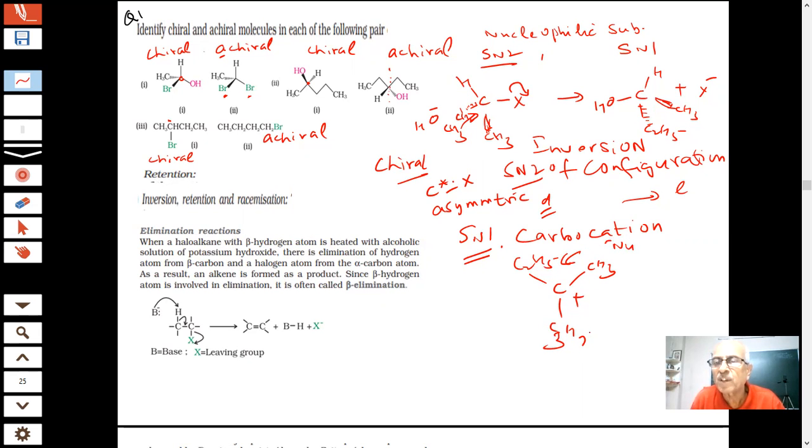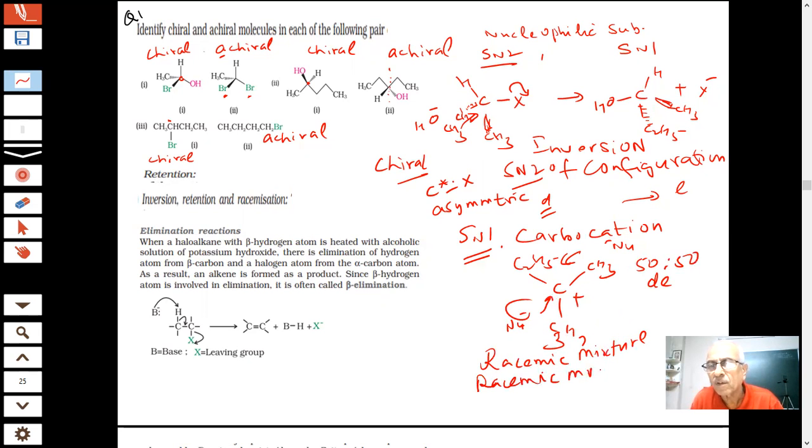50% from the top and 50% from the bottom. So what will happen? You will get a 50-50 mixture of D and L. And what will be the result? You will get a racemic mixture, or racemic modification.